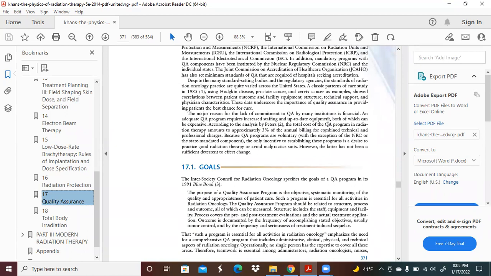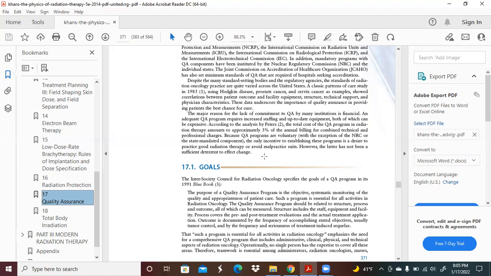One pretty germane paragraph here that we need to bear in mind is that the major reason for the lack of commitment to QA by many institutions is financial. Basically, how much money does a clinic have in order to employ somebody to say, yeah, everything's working fine? Because it doesn't take much for a plan or a machine to go bad.